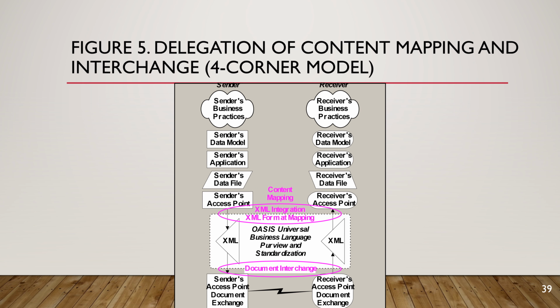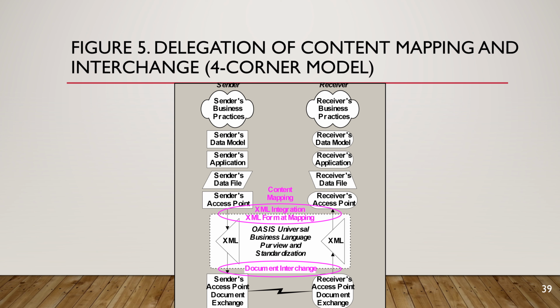The four-corner model says if I'm a sender, I want to work with my file format, with my data model. But I could work with a third party who's able to establish an access point, a sender's access point. So we're on the middle of the left side of this diagram, a sender's access point that understands my format.